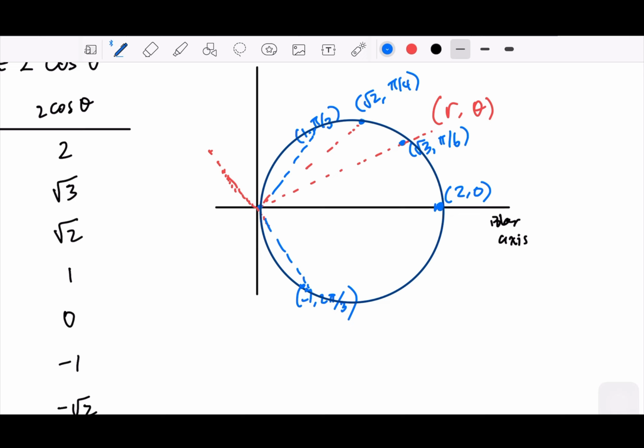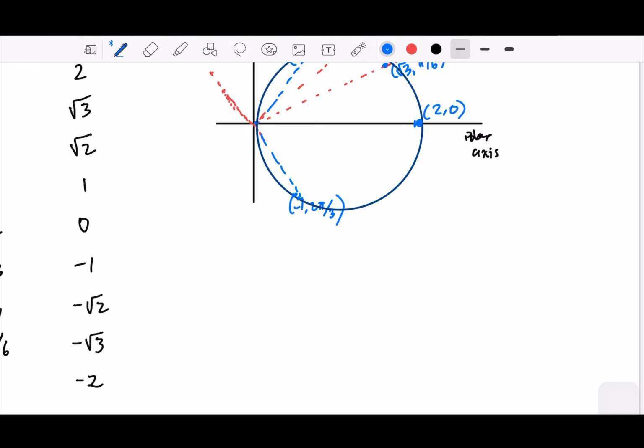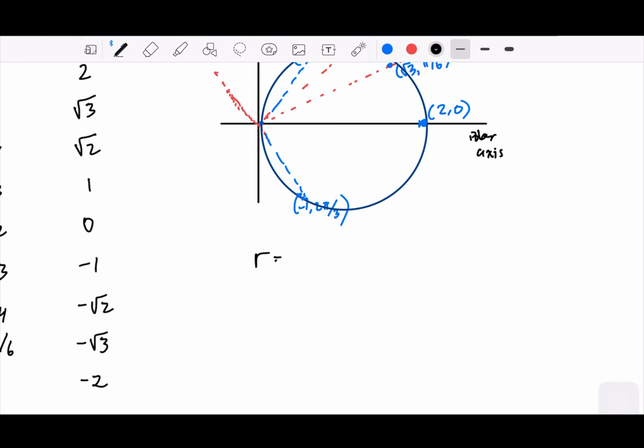But before we go to another section, how do we convert from r equals 2 cosine theta? Let's convert to Cartesians. We have x is r cosine theta, and cosine theta is x over r.